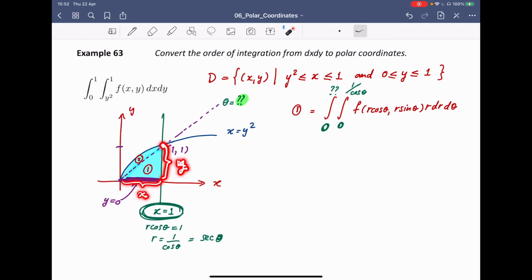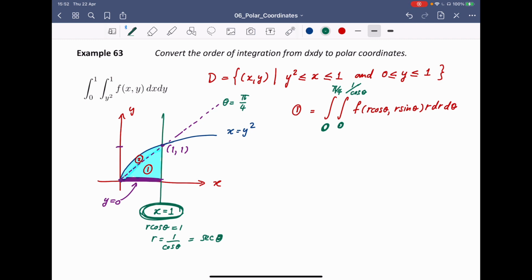The ratio between y over x is 1. So tan theta equal to 1. Once you solve for theta, you get 45 degrees, or pi over 4. So this is going to be pi over 4. All right, sounds good.